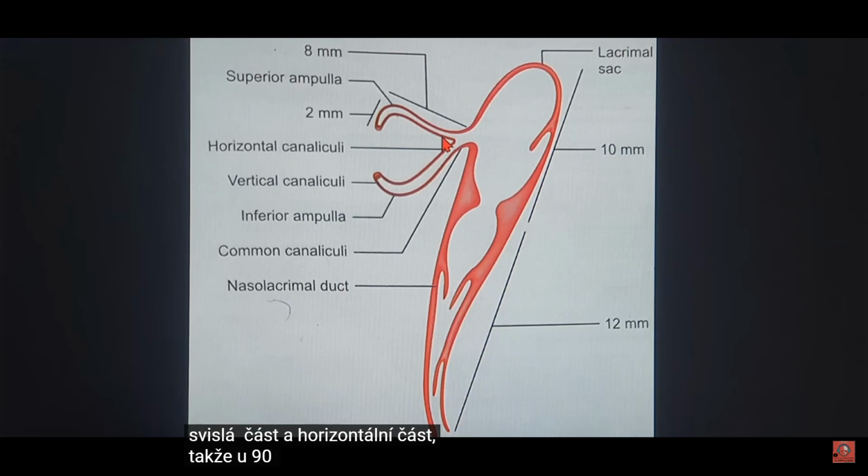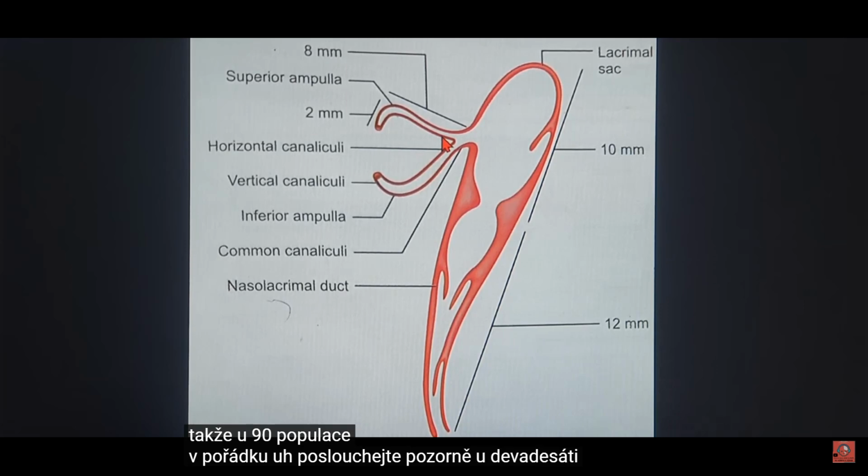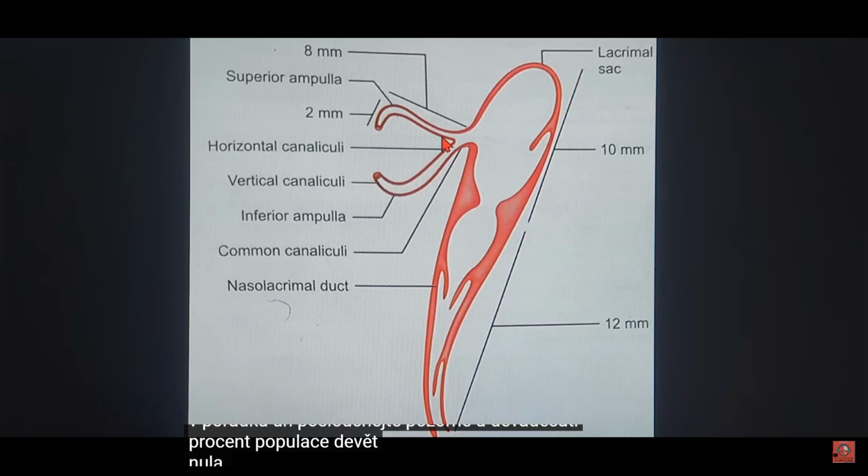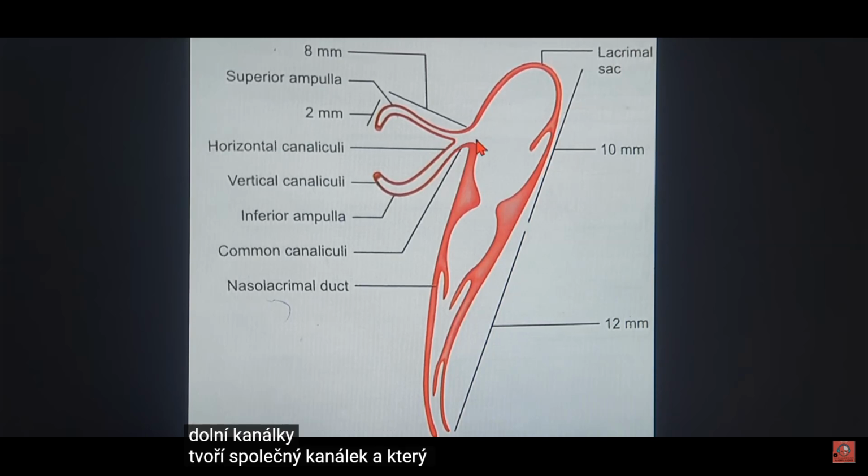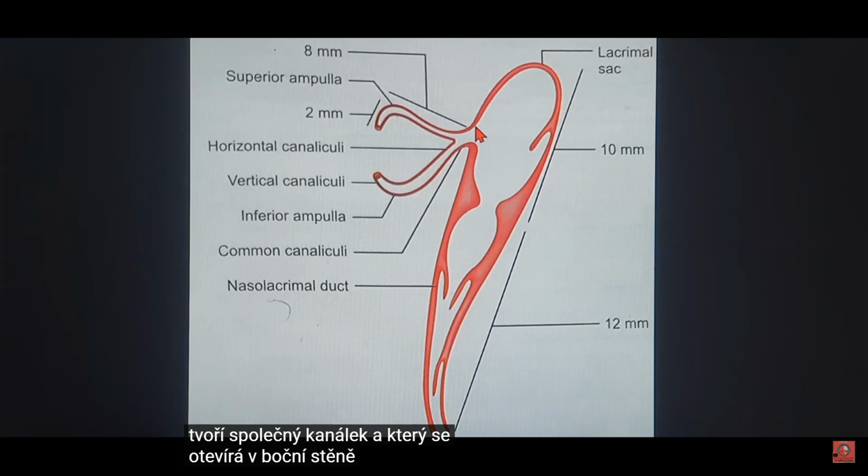In 90% of the population, listen carefully, the upper and lower canaliculi form a common canaliculus, and that opens up in the lateral wall of the lacrimal sac. But in 10% of the population, this does not happen. The upper and the lower one open up separately in the lateral wall of the lacrimal sac. So that is how it is.